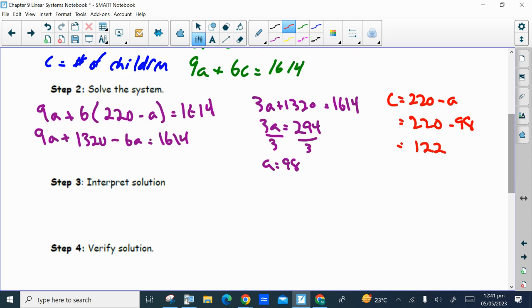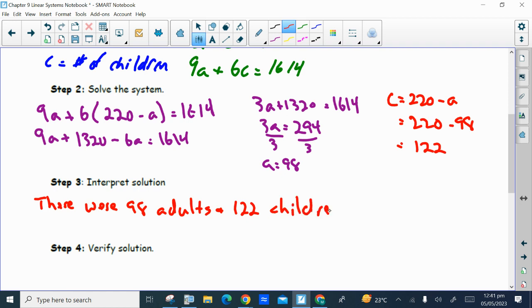So this means that there were 98 adults and 122 children at the recital.